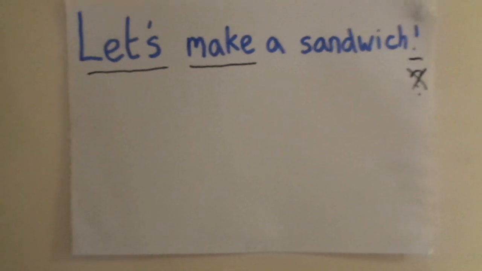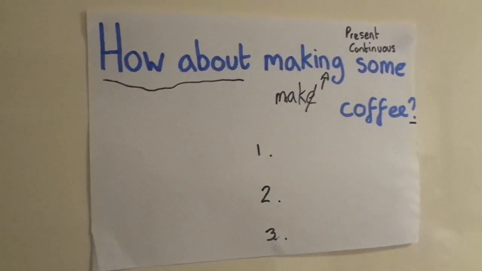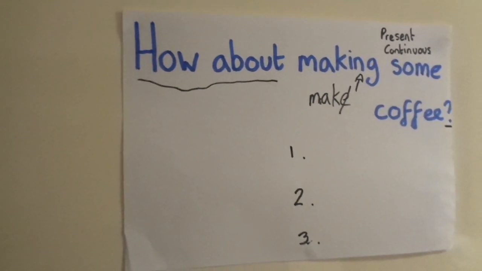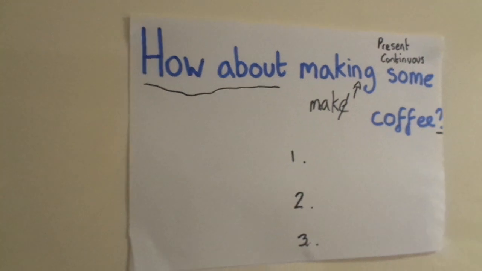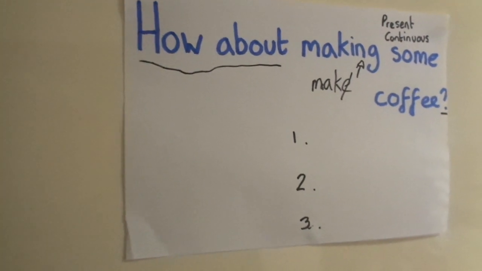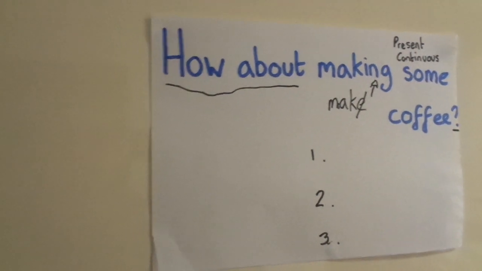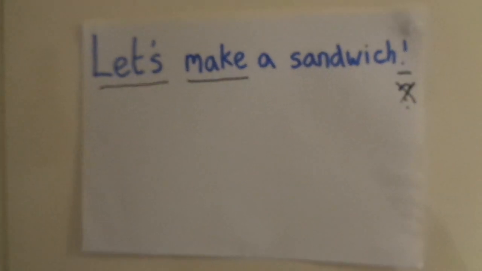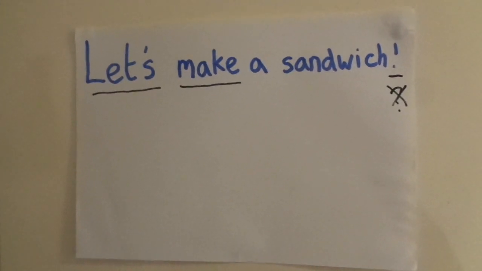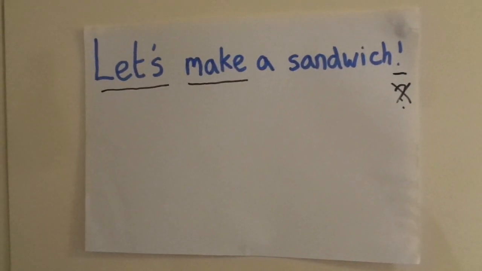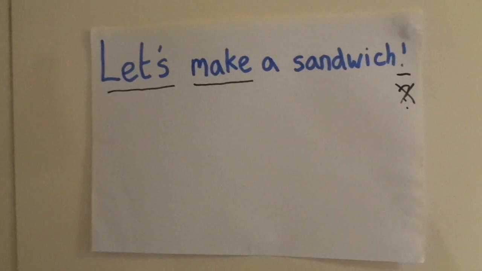So, for example, you would say, how about making some coffee, when you're not sure if the other person would say yes to it. So how about going to the cinema? They could say yes, they could say no. You are not sure. But this one is asking the same thing, where you're making a decision for a suggestion, but you're more sure that the person's going to say yes.